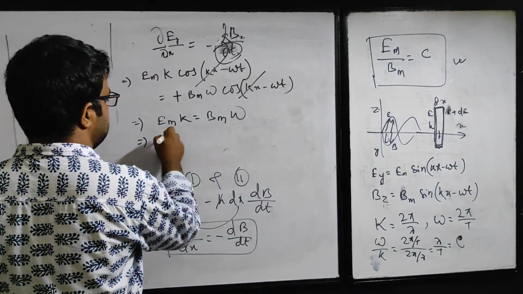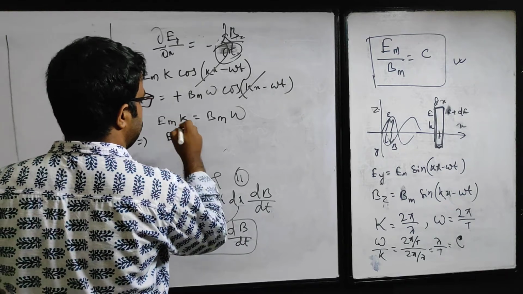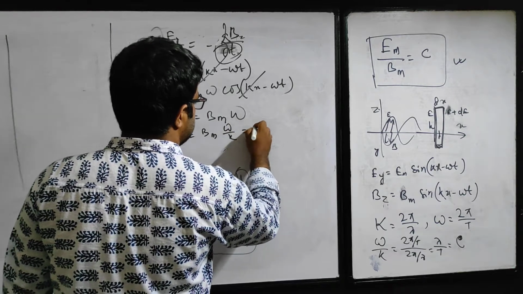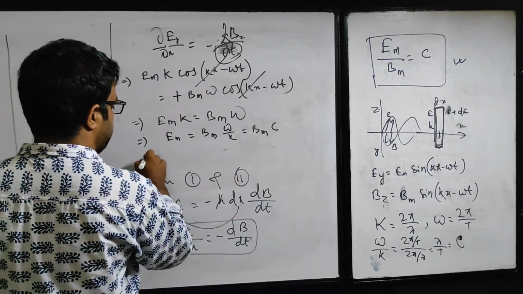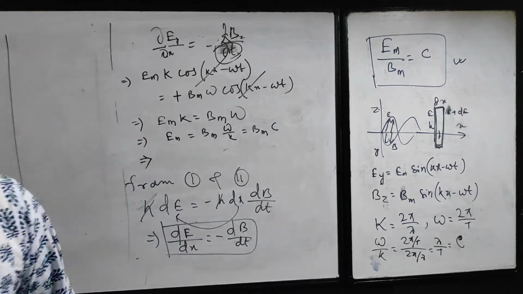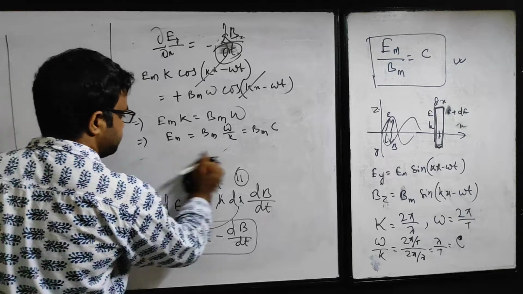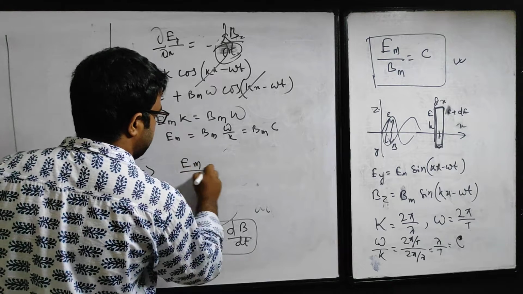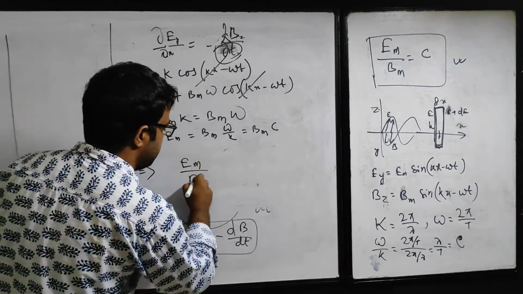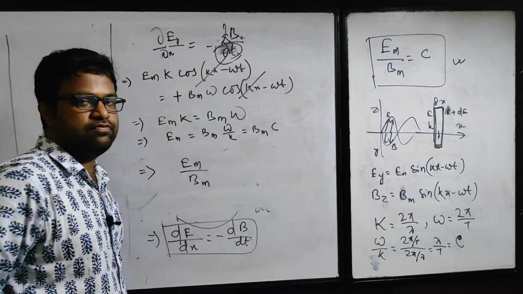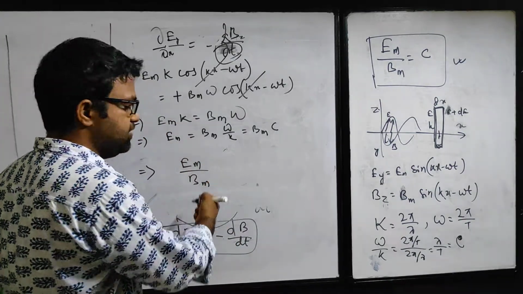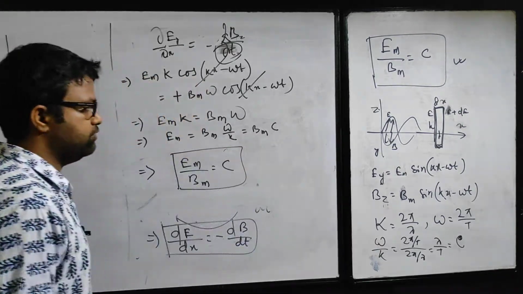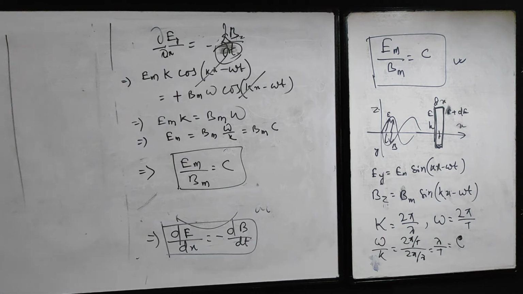So we can write EM equal to BM omega by k, or BM C. Here we can write EM by BM, that is the amplitude of the electric field divided by the amplitude of the magnetic field, is equal to C. So this is a proof and a very important result.